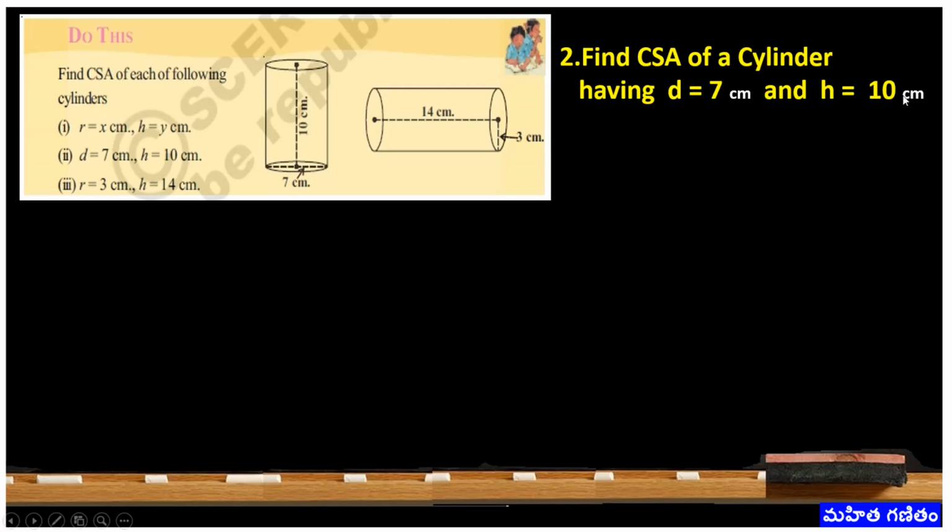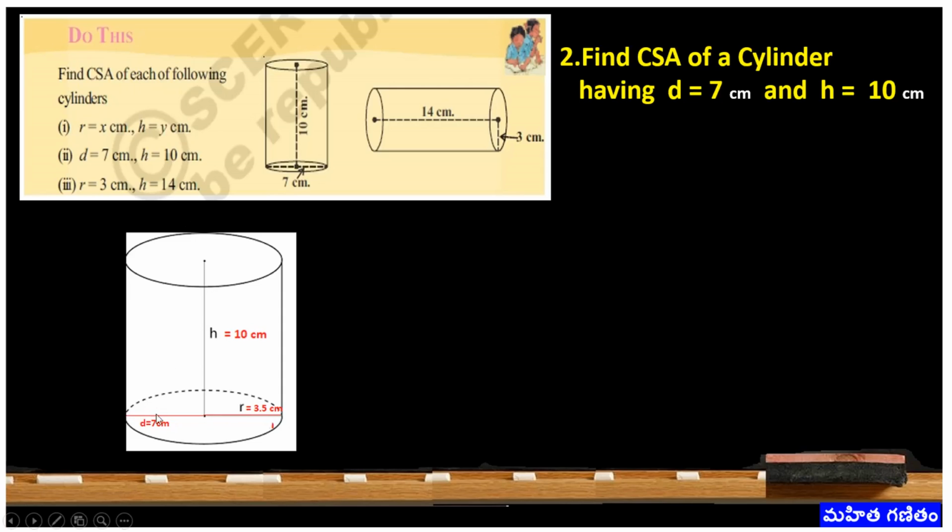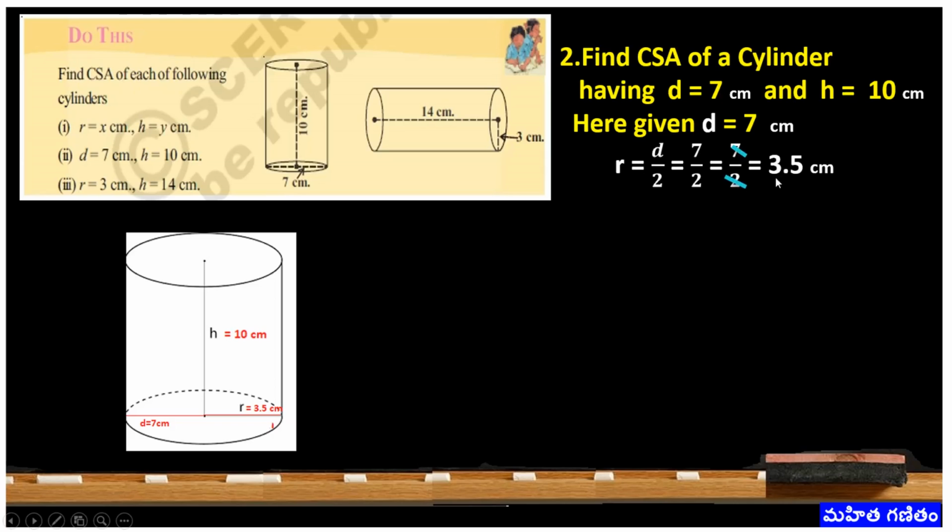Diameter is double the radius, so radius is d by 2, half of 7, which is 3.5 centimeters. Height is 10 centimeters.